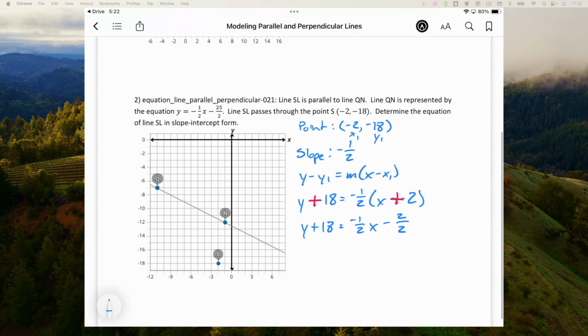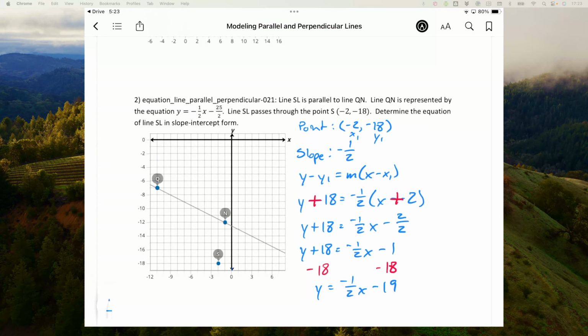Actually, I am going to simplify it because that will make my life easier. So y plus 18 is equal to negative 1/2 x minus 1. Now when I subtract 18 from both sides, it will make that math a little bit easier. So y is equal to negative 1/2 x minus 19.